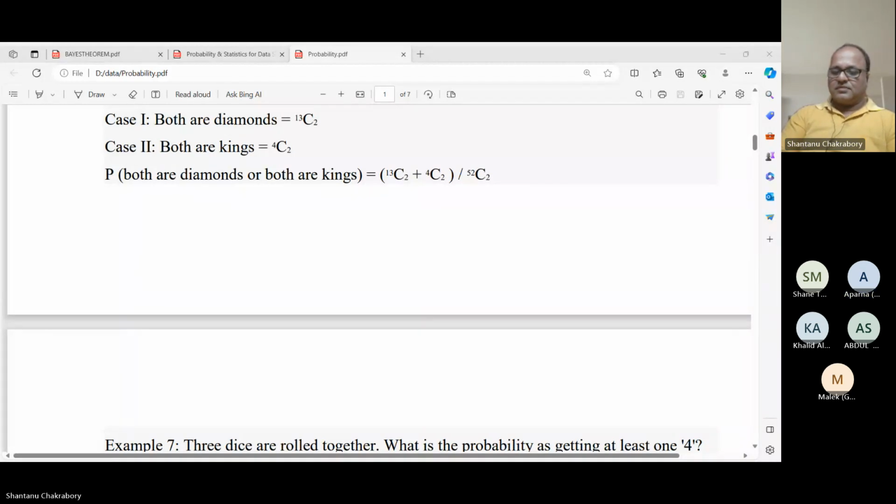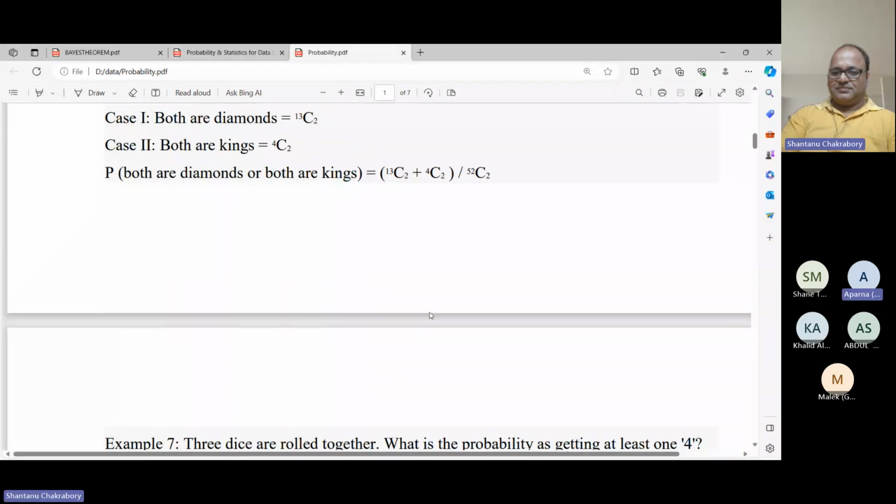So the combination, it will be a combination, no, sir. 3C 6, I think so.